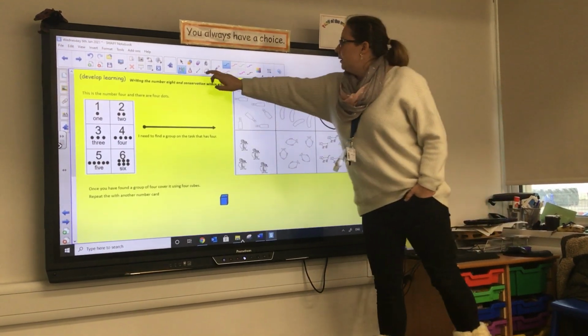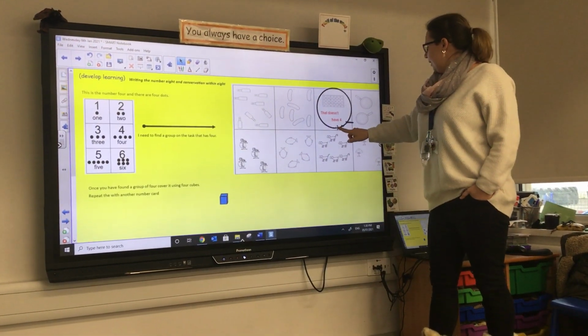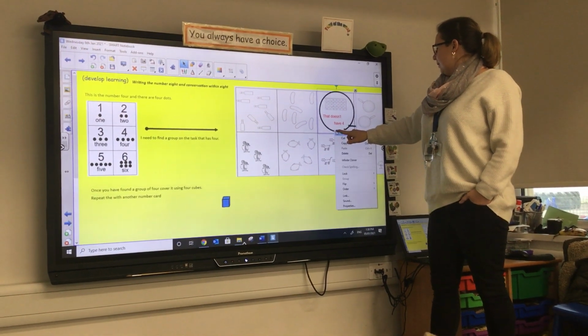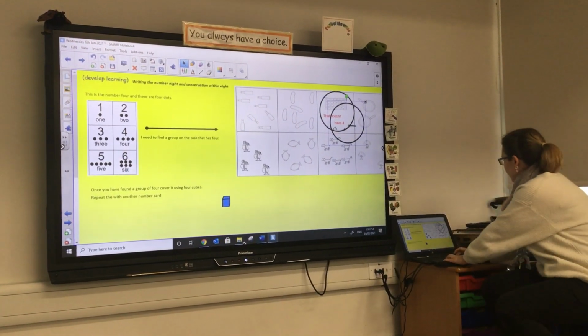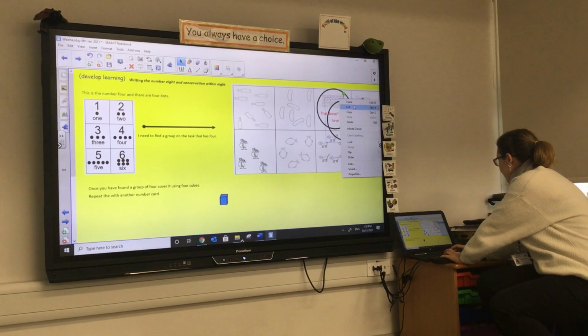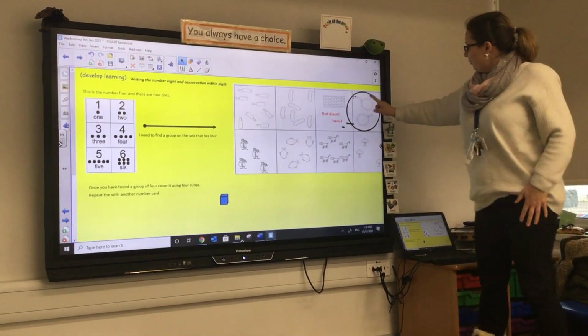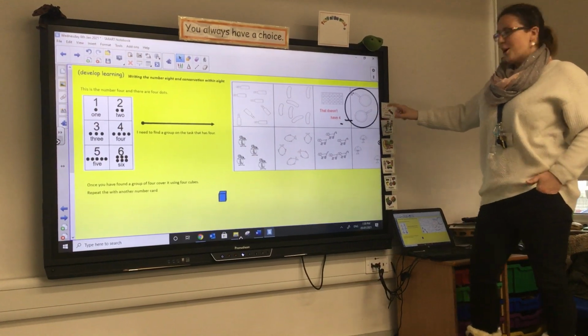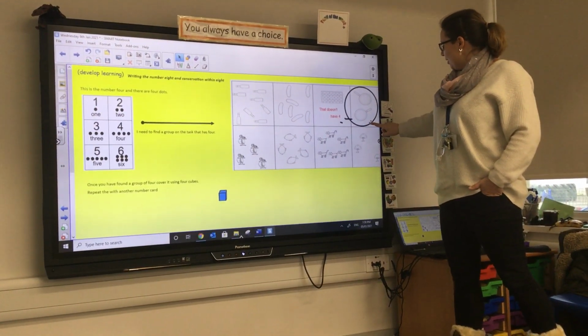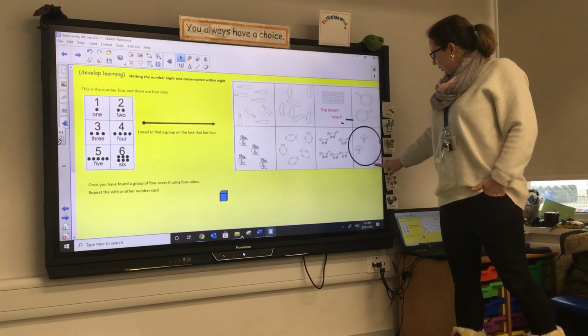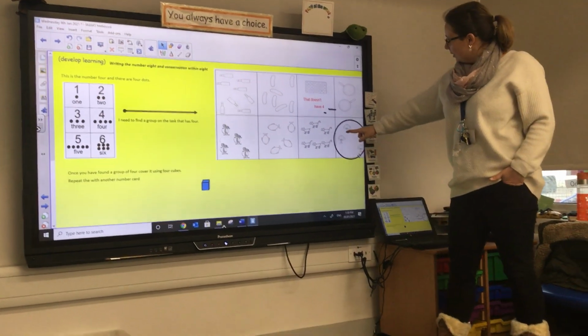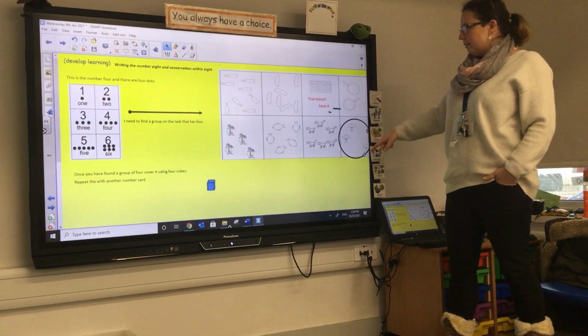Is it this one? Are there 4 pans? No, there's only 2 pans. What about trees? 1, 2, 3.